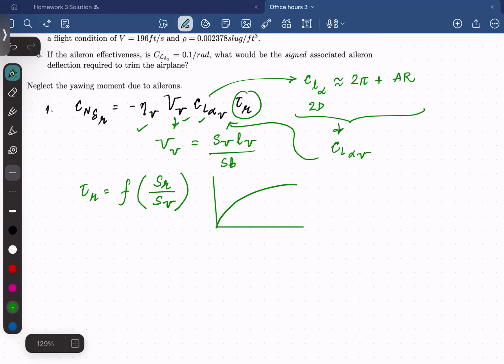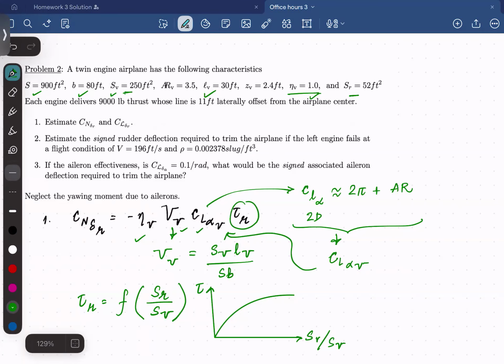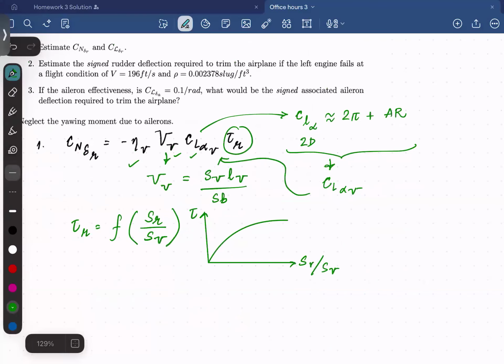There is a graph like this which shows tau versus S rudder over S vertical tail. You have S vertical tail, you have S rudder, so you have the ratio. You just need to look up tau's value. So Cn delta R is nothing difficult, straightforward, finding a lot of information and putting it together.